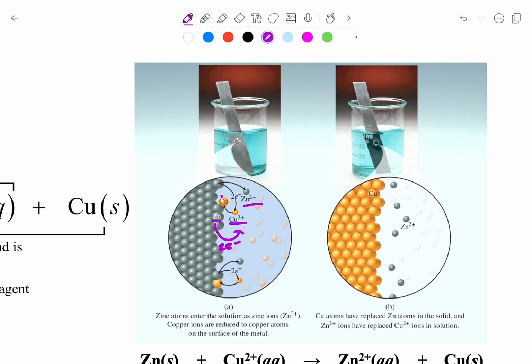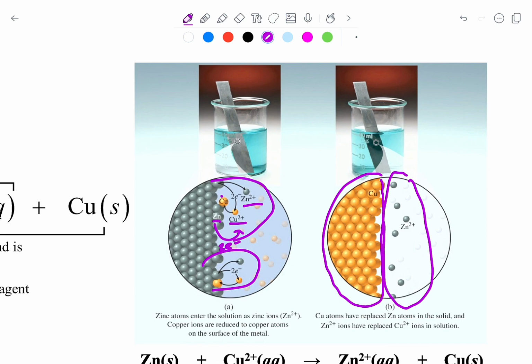And over time, what happens is with each zinc that goes into solution and a copper comes out, we keep seeing that transfer of electrons, right? We see it happening up here as well as down here. They're literally just giving them away, transferring them from one metal to another. And it ends up where our zinc solid is now copper solid and a bunch of zinc ions.